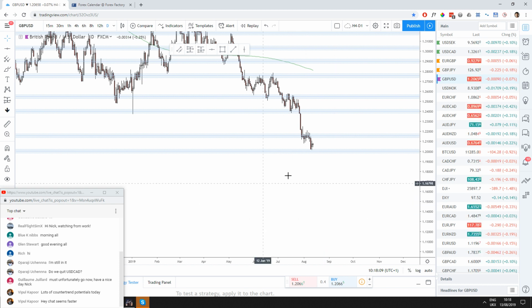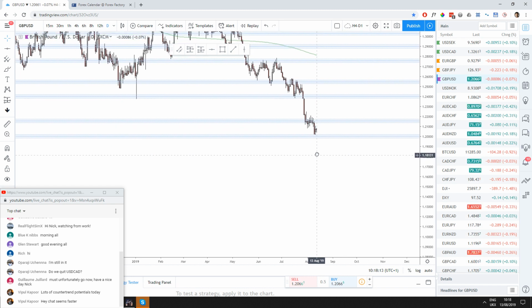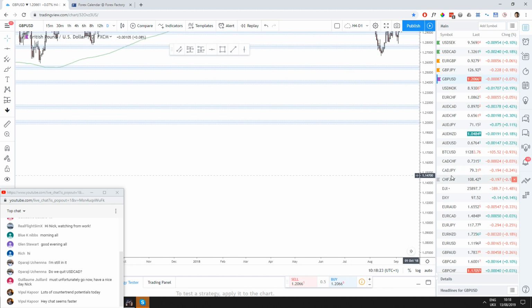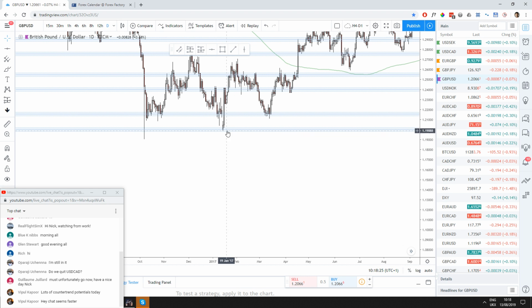I think possibly we've never seen these lows. It's quite possible. I had a look back in the 80s. I was looking, and I don't think it got below here in the 80s, below the 1.200. I'm not 100% sure about that, but I don't think it did. And I don't know if there was ever a time before that GBPUSD has been so low.